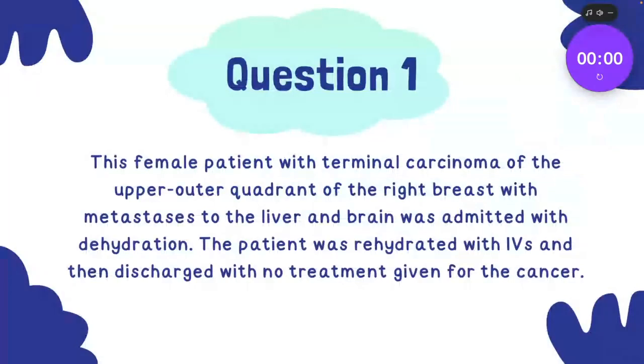Our first case is a female patient with terminal carcinoma of the upper outer quadrant of the right breast with metastasis to the liver and brain, who was admitted with dehydration. The patient was rehydrated with IVs and then discharged with no treatment given for the cancer.